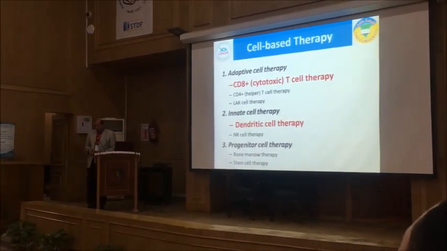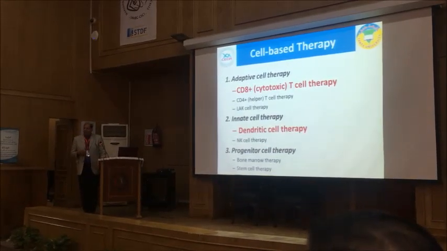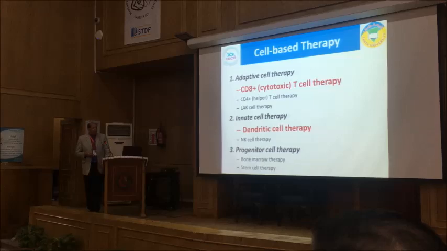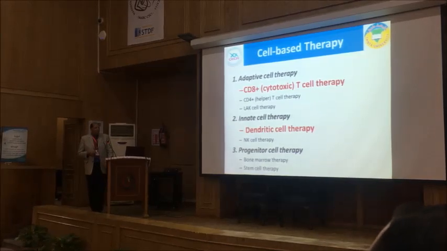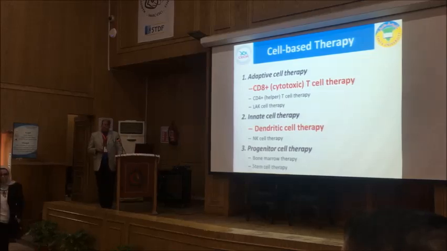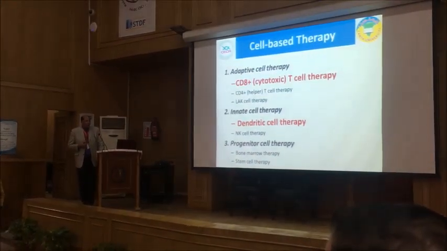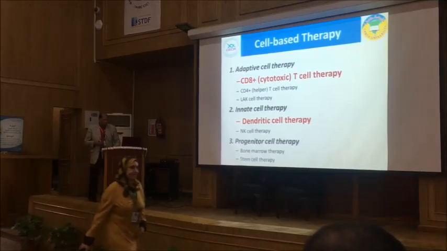Adaptive cell therapy can be based on adaptive T cells, which are CD8, CD4, LAK cells, lymphocyte-activated killer cells, or innate-based therapy, of course dendritic cells, which is one of our focus, and in clinic, of course, progenitor cell therapy.